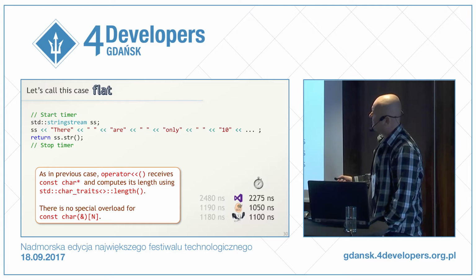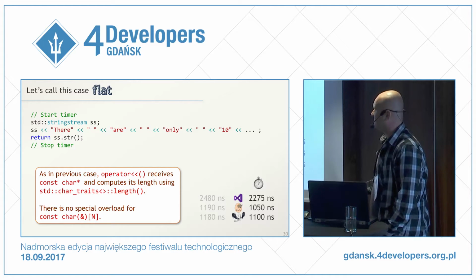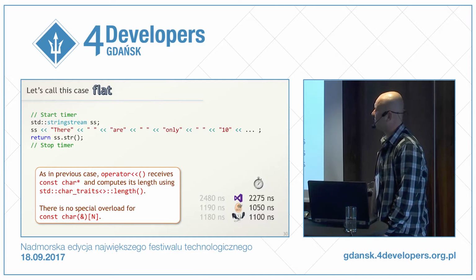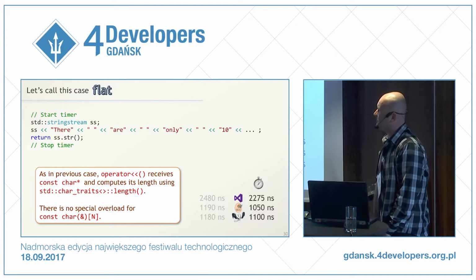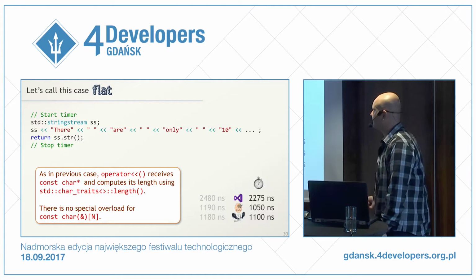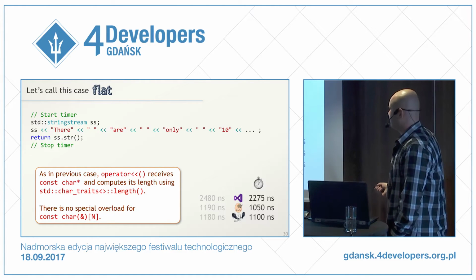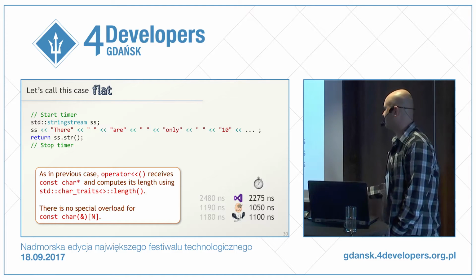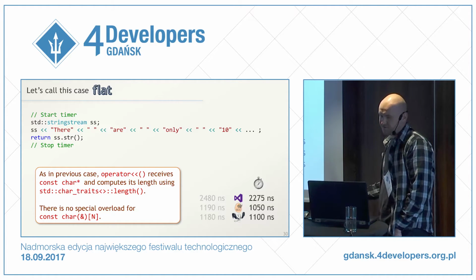Operator left shift just receives a const char pointer and calls char traits length. There is no special overload for an array of characters. The time is slightly better, but still it can be better.